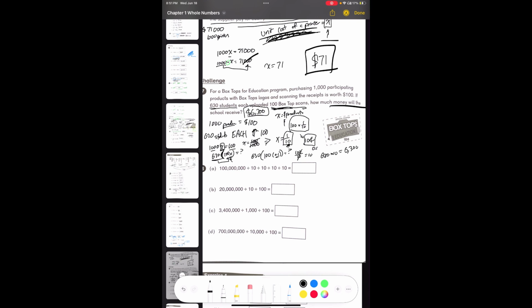Yes. And we can actually double check this another way. If we figured out each Box Top is 10 cents.